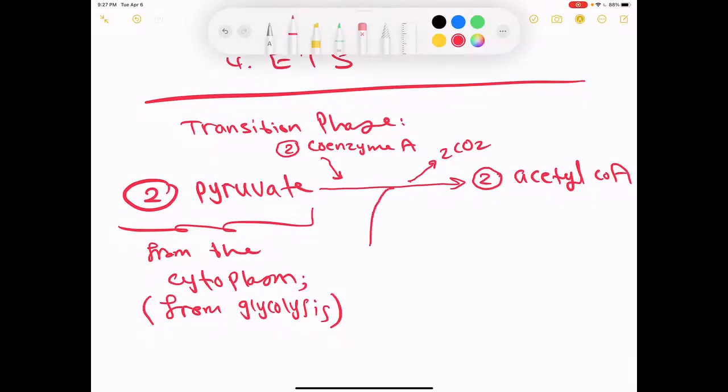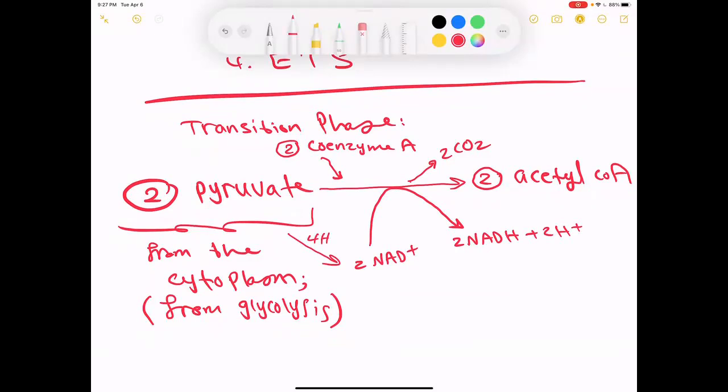Also, 2 more NAD+ are becoming 2 NADH and 2 hydrogen ions. So that means 4 more hydrogen are being taken away from the pyruvate in this specific case.